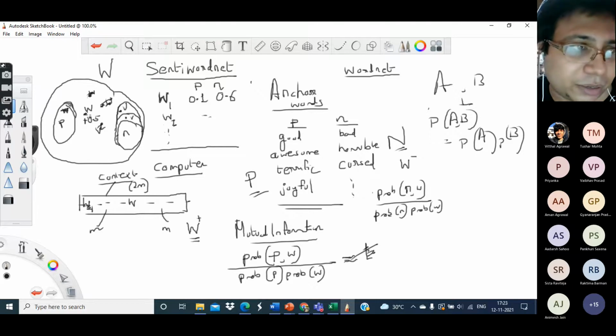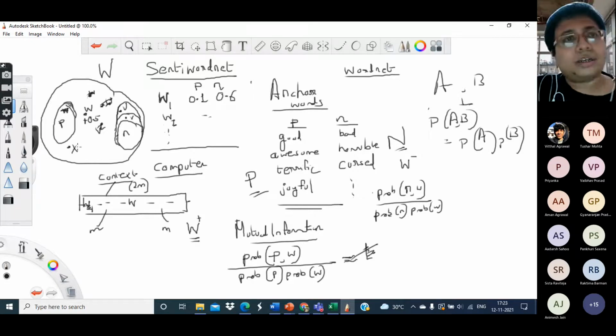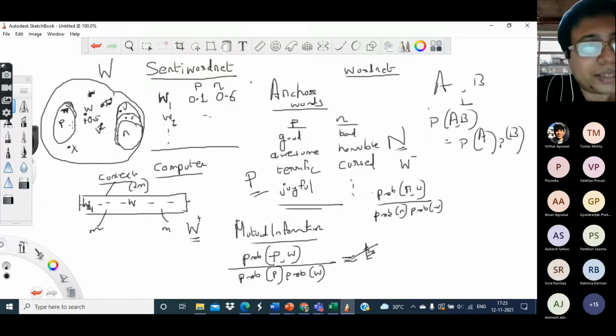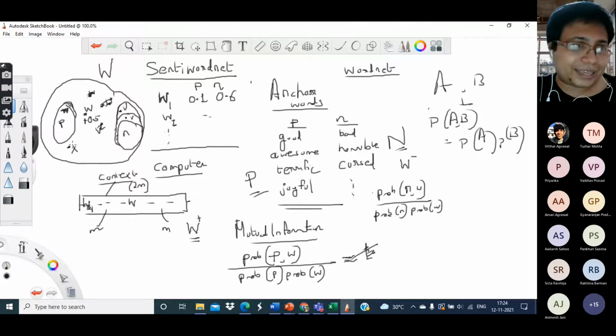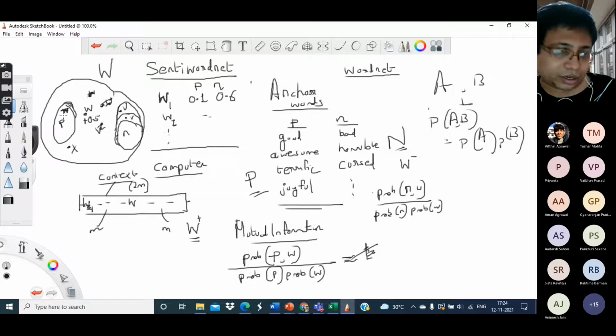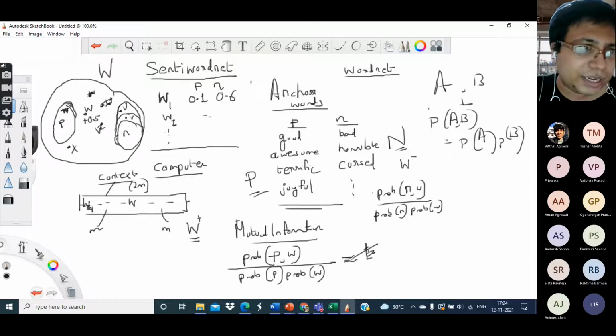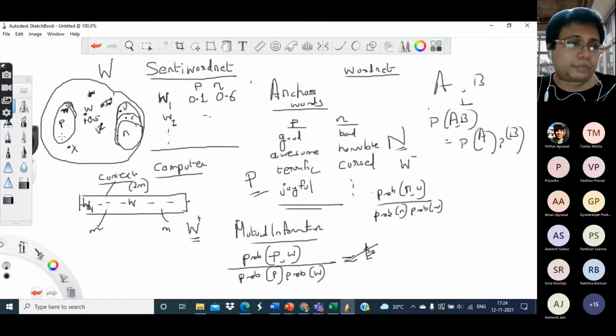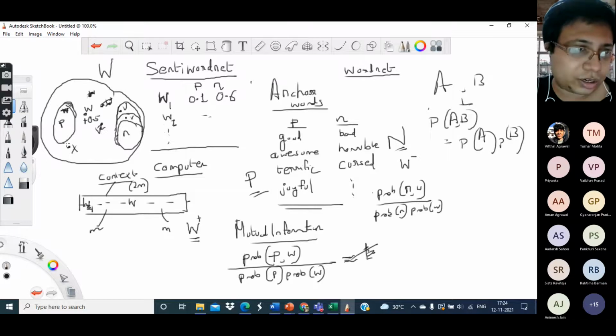Next, suppose after W, the next word to be added to the P set is something like X. Now, remember that earlier you did not add X. When you were considering only the original set, you had probably not added X because you could not relate X to any of the words originally existing in P, any of the anchor words.